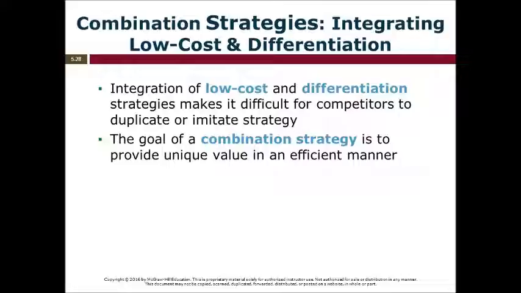Alright, so now we're looking at some combinations, low cost differentiation, which is really a pretty good combination because when we can go low cost and we can differentiate, well, that's like having two big arrows in our quiver, because we're giving a significant, or at least perceived significant amount of value to the customer. You're offering something rare that's different and low cost.